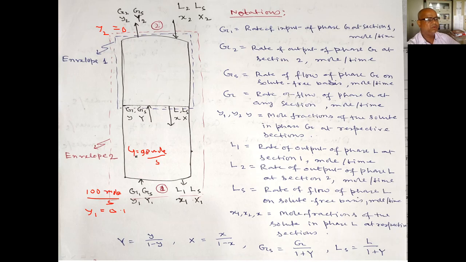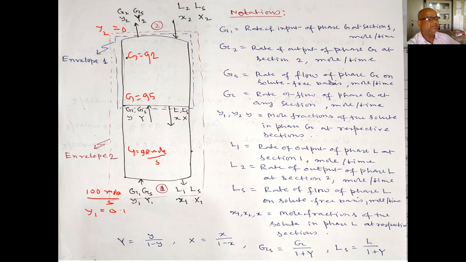Then here G is changing; if 5 moles are absorbed, then 95. And here maybe 8 moles are absorbed in total, then 92.